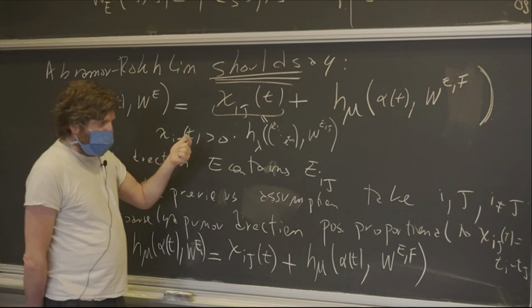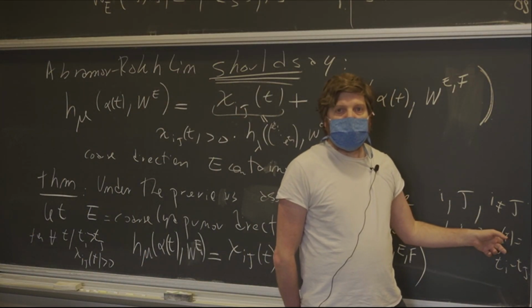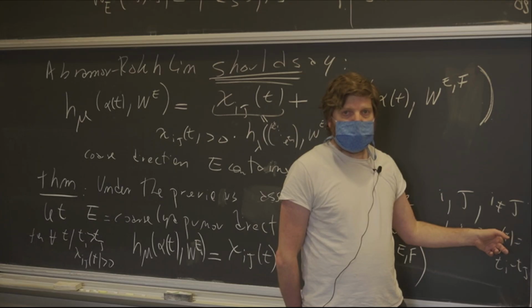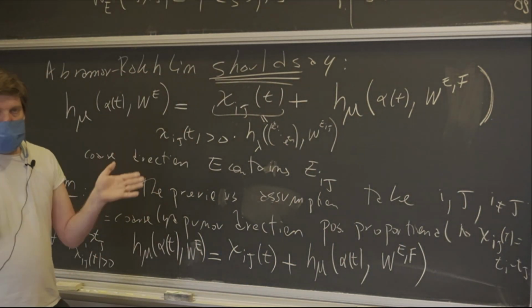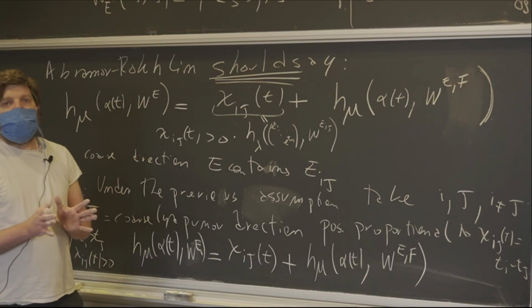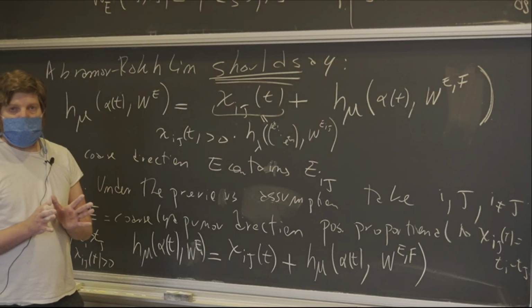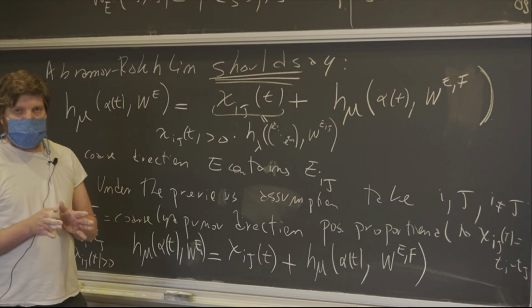And I'm saying all of them have to be positively proportional to this guy. So remember that the coarse Lyapunov direction is to group all the directions which have positively proportional Lyapunov exponents. Right. That's a coarse direction.